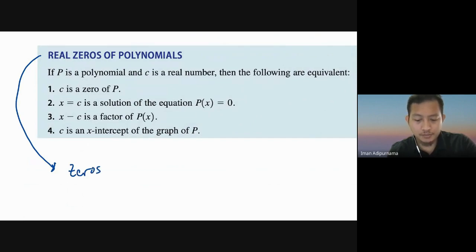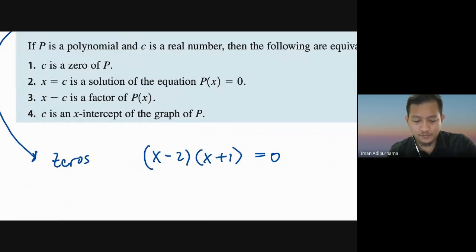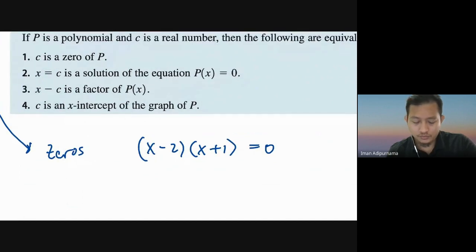Like for example, if you see the x minus 2, x plus 1, you will see the constant here. This is ours. So c is 2. So c is a zero of p, or we call it the solution.